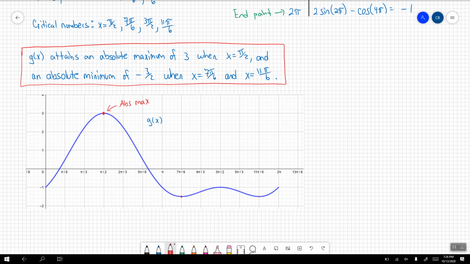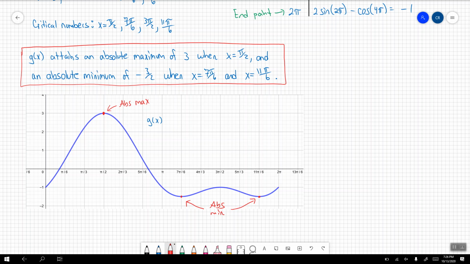It attains it at 2 different spots. This absolute minimum is attained at 7 pi 6 and 11 pi 6, and that absolute minimum is -3/2. And that's exactly what we wrote. We said that g of x was going to have an absolute minimum of -3/2 when x is equal to 7 pi 6 and when x is equal to 11 pi 6.